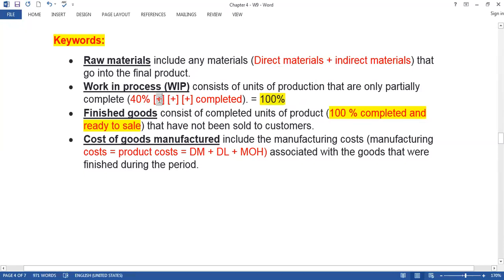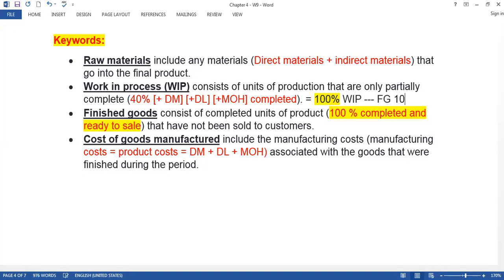Because we are going to add something here, right? So which one is first? First is direct materials, we transfer it. Then direct labor, we transfer it, right? Then manufacturing overhead, MOH, we transfer it. So when these three numbers come together, maybe it is converted from 40% to 100%, something like this. Then when it is 100%, this WIP is transferred to finished goods, because finished goods are also 100%.